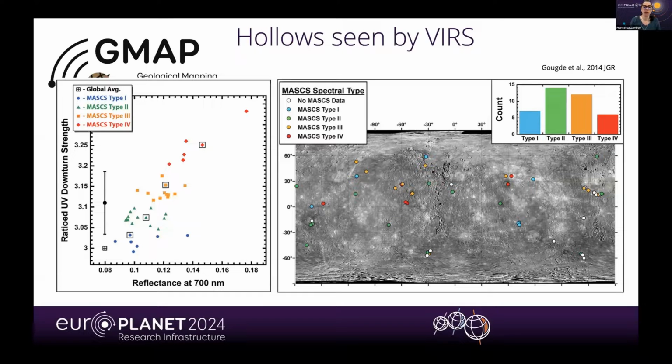So if you put this behavior of the hollows in the global map of Mercury, you can see where these hollows are located, for example, and so you can also identify what is the distribution, and if some types of hollows are, for example, associated to a particular crater or particular geological feature. And this is also an important analysis you can do.